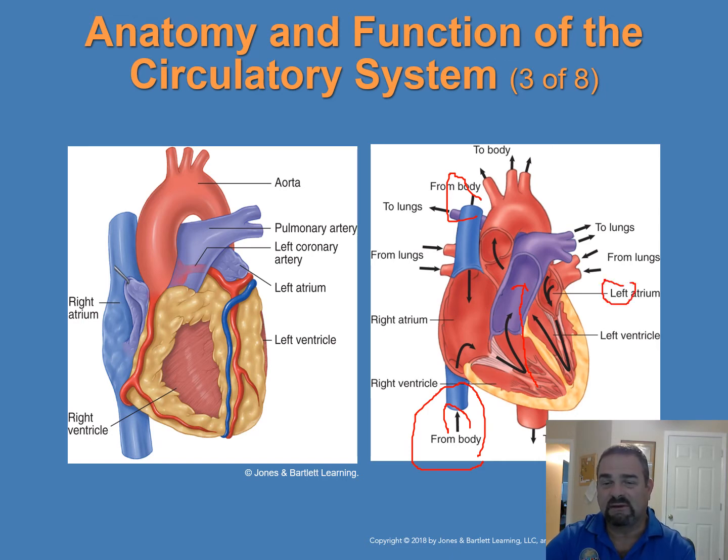It comes into the left atrium and is pushed down into the left ventricle. Then the left ventricle pushes it up through the aorta, and it goes out to the body where it needs to go. That cycle repeats itself over and over again, anywhere between 80 to 100 times a minute. All right, that's it. It's that simple. It's not that difficult. Okay, so let's go to the next slide.